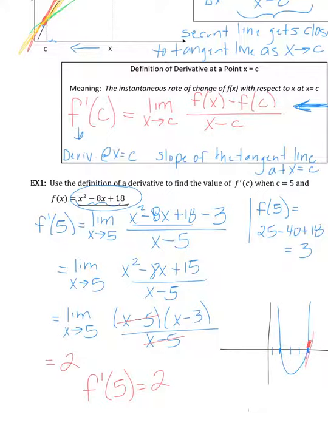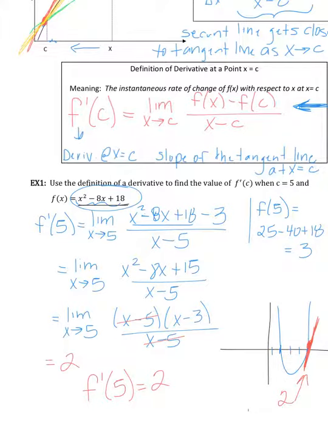the slope of the tangent line at 5, the slope of that line is 2. Now I can't really see exactly if that's right unless I drew an accurate graph, but I certainly can see that it's positive.